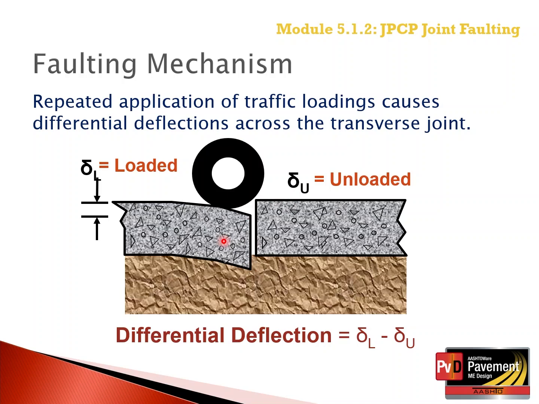The differential vertical deflection is defined as the deflection of the loaded slab minus the deflection of the unloaded slab.